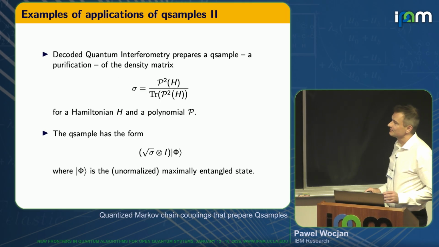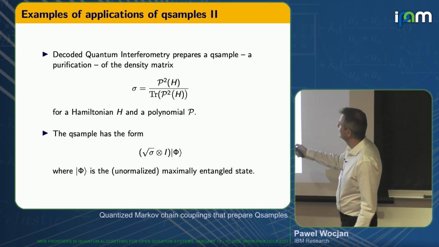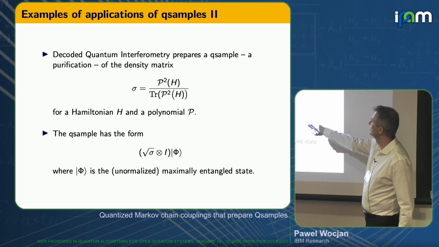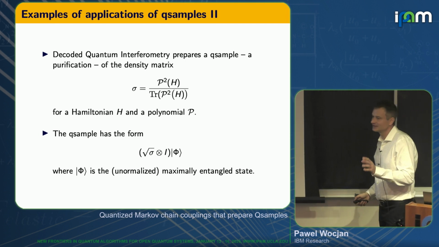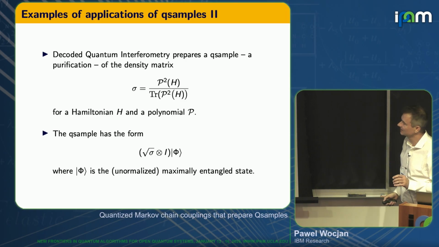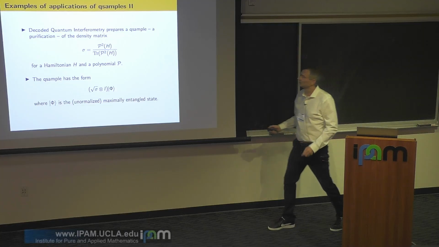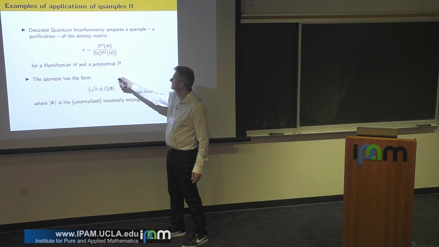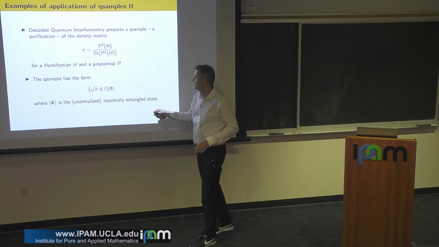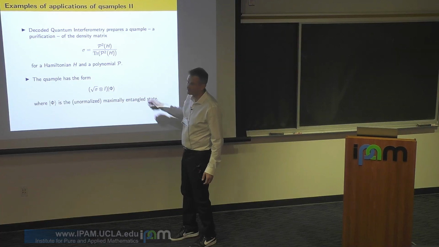Okay, and what are other examples of Qsamples? For example, decoded quantum interferometry. Here the Qsample is maybe a little bit more complicated than what I showed you on the previous slide. Here we have a density matrix, and this Qsample is a purification of this density matrix.